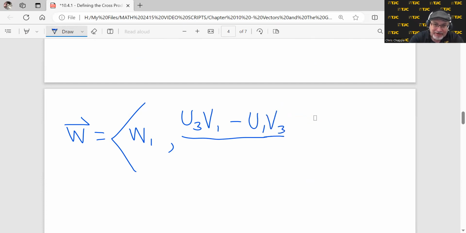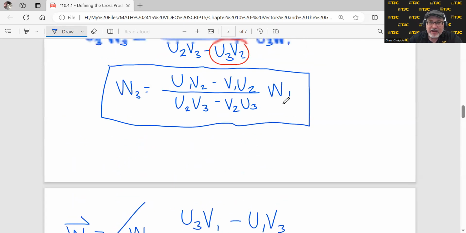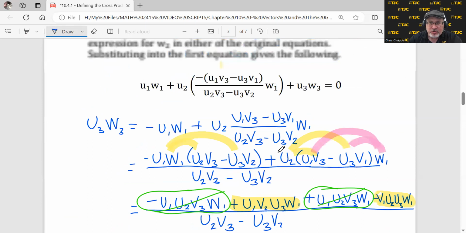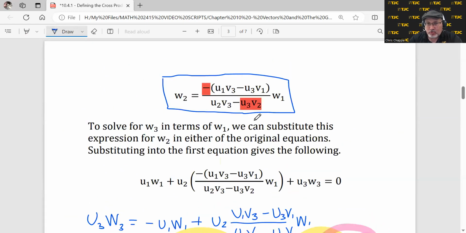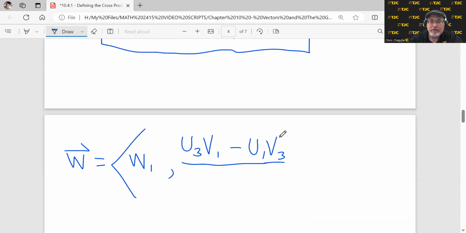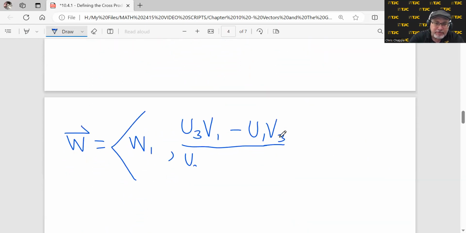Again, I'm kind of violating the subscripts being in order for now, but we'll fix that as necessary. And then the denominator was, and again, I'm going to reverse the order here, U2 V3 minus V2 U3. In fact, I think I'm going to go ahead and reverse the order.